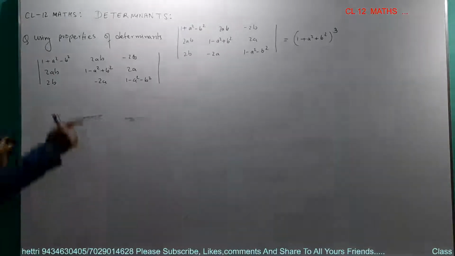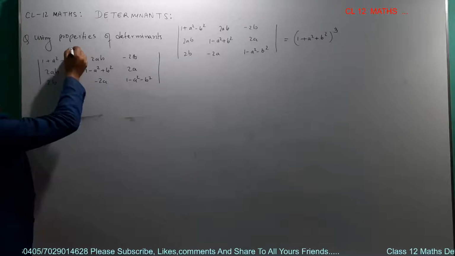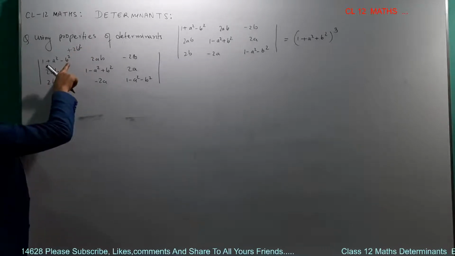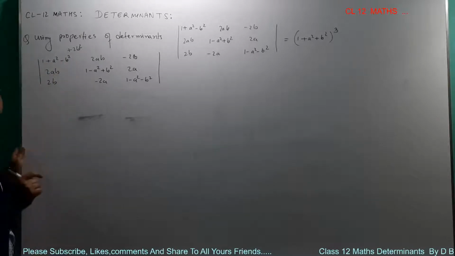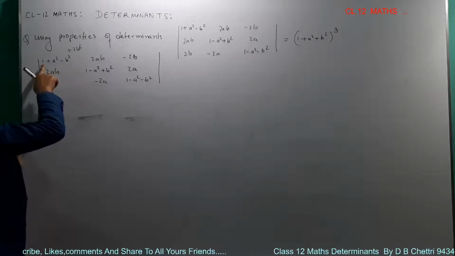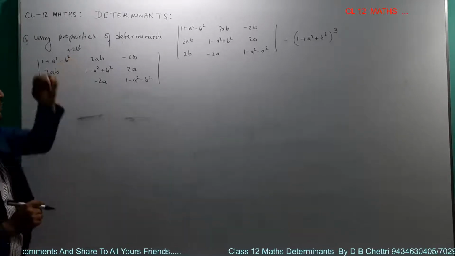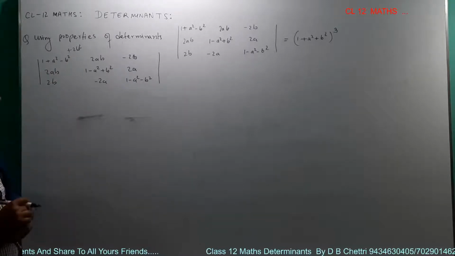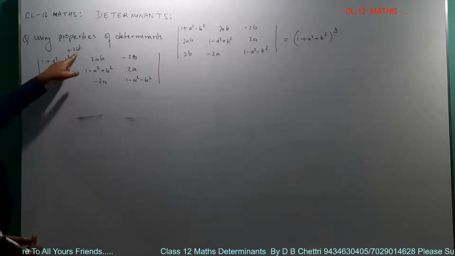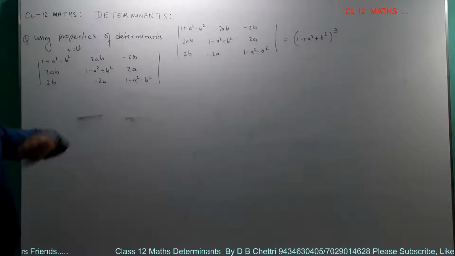If we add 2b square, then plus 2b square minus b square, their answer is plus b square. Then we need plus 2b square to make it 1 plus a square plus b square. Then from where to get this plus 2b square? Let's see if it is possible.